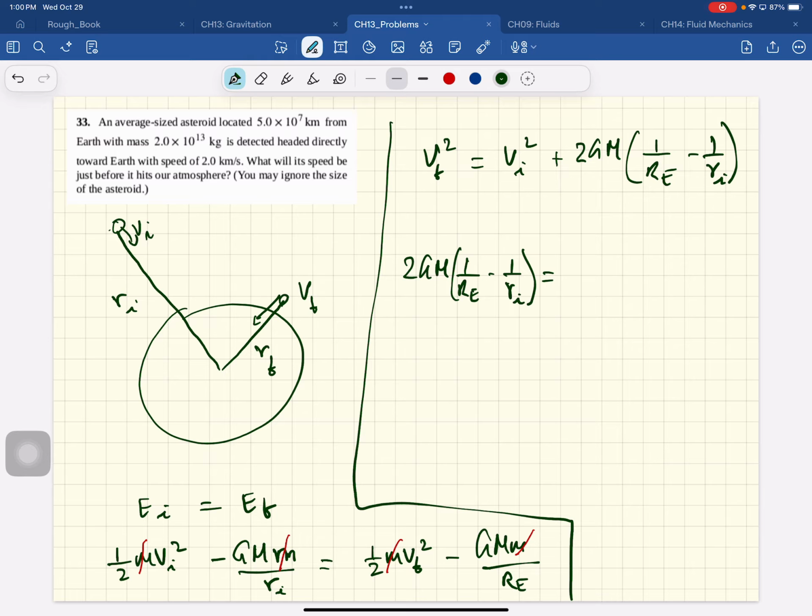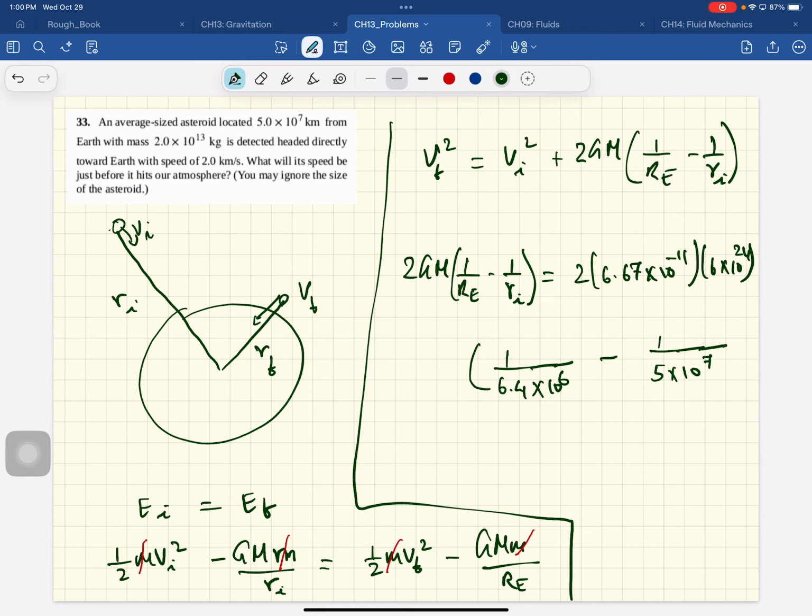So 6.67 into 10 to the minus 11. Mass of the Earth is 10 to the 24 times radius of the Earth in 6.4 into 10 to the 6, okay, minus 1 over 5, oh, that's kilometers.